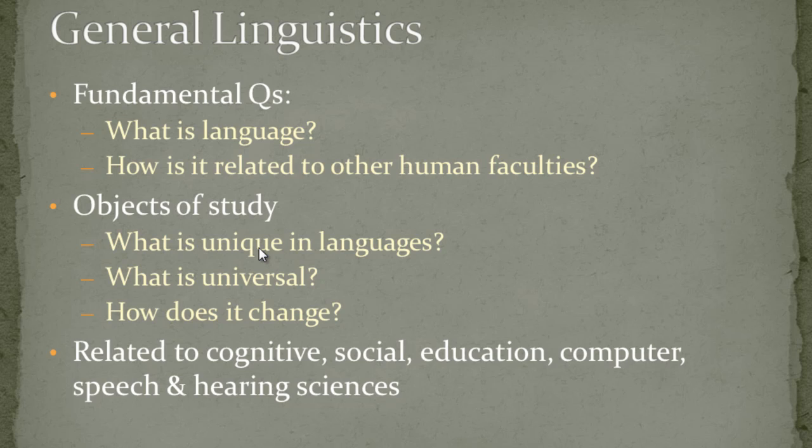In general linguistics, we also study the relationship between language and the other human faculties, especially our thinking. Now, this will be the last topic of the course, cognitive linguistics, in which we learn about the connection between our thinking and the way we use language.